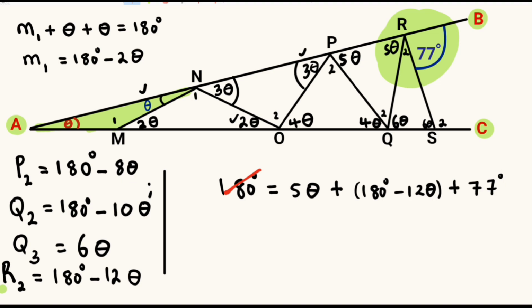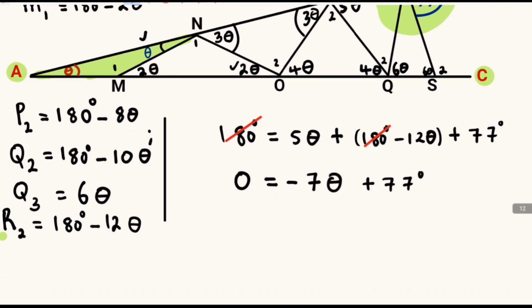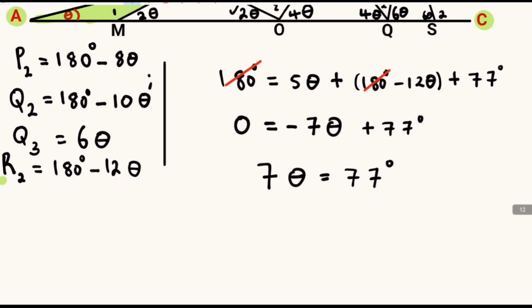The 180 degrees and that 180 degrees will cancel out. 0 will be equal to 5 theta minus 12 theta, which is equal to negative 7 theta plus 77 degrees. So 7 theta will be equal to 77 degrees. Dividing both sides of the equation by 7, our angle theta will be equal to 77 divided by 7, which is equal to 11 degrees.